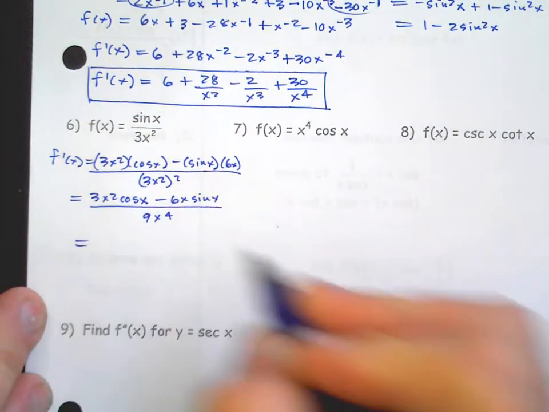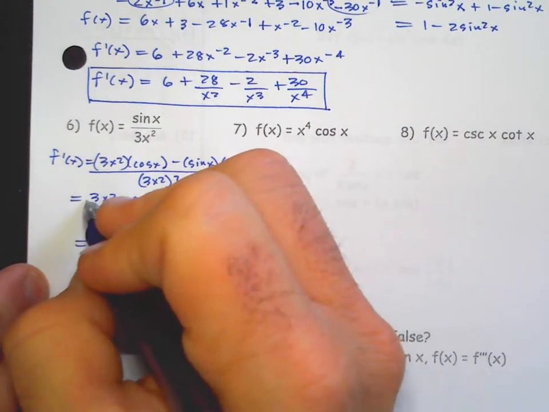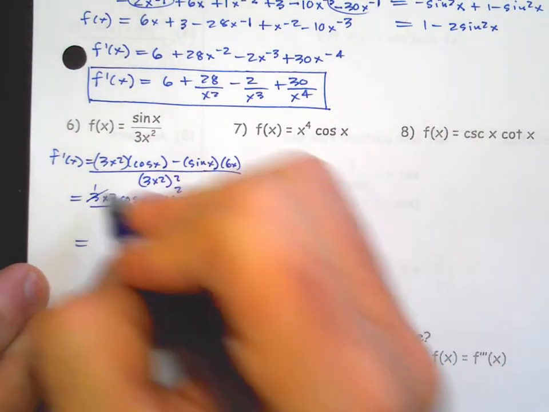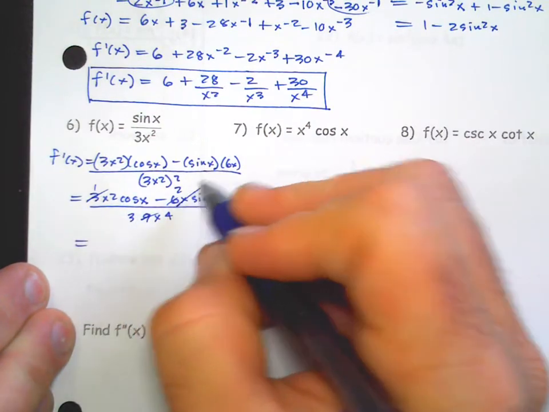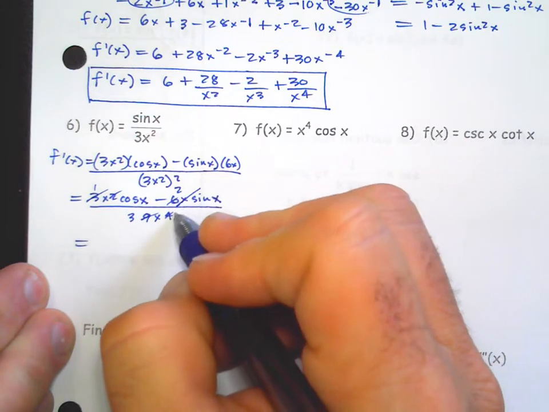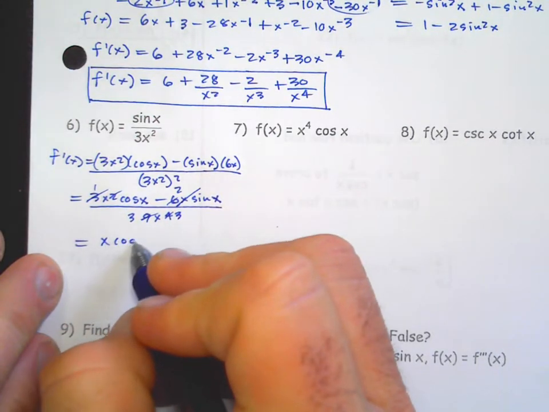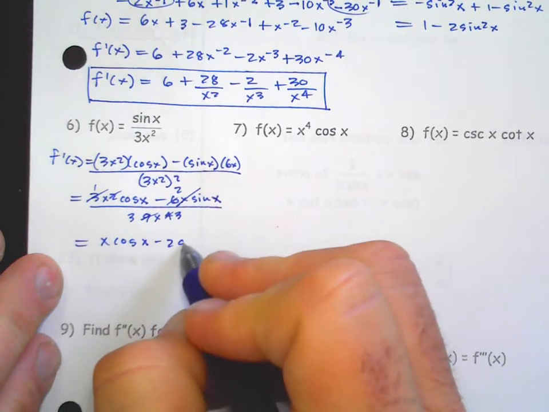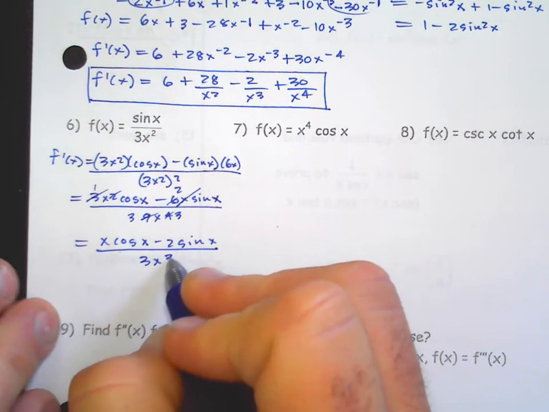Now we can reduce this a little bit, and I do want you to. We could take 3 out of everything on the top and 3 out of everything in the bottom. Take an x out of everything in the top and x out of everything in the bottom. So x cosine x minus 2 sine x over 3x cubed is the best answer.